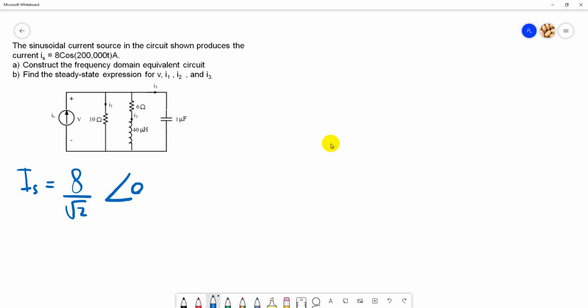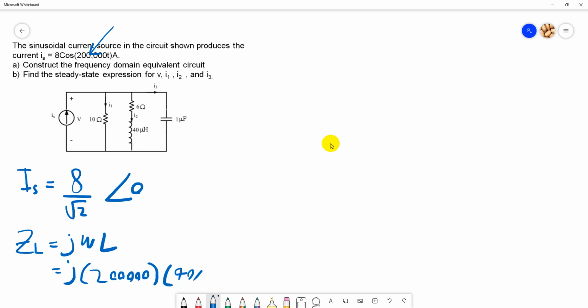So ZL is equal to jωL. So j is j, and ω is taken from here. ω is 200,000, and L is 40 micro, 40 multiplied by 10 to the negative 6.